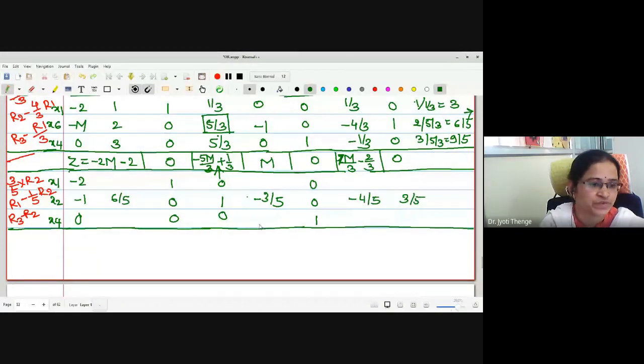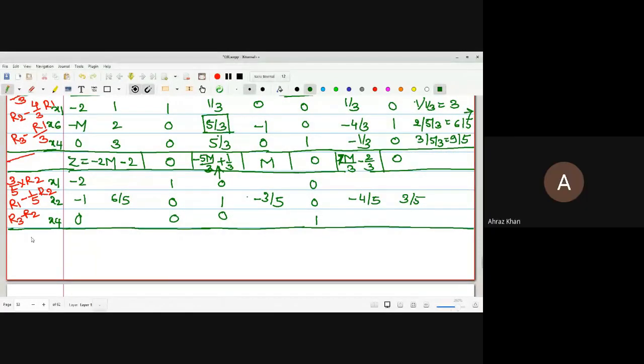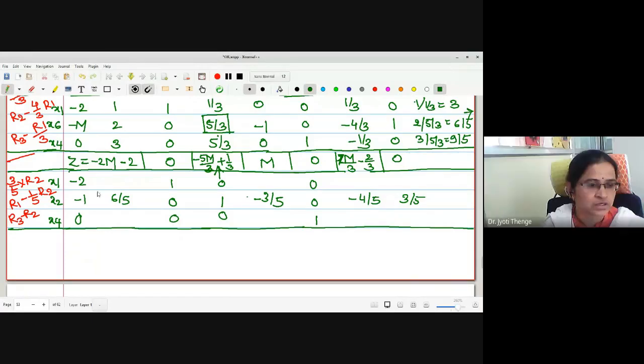First row operation we have made. What's the second one? R1 minus R2 by 5. This 1 minus 2 by 5. Correct, no? 1 minus 2 by 5 is 3 by 5. Correct?